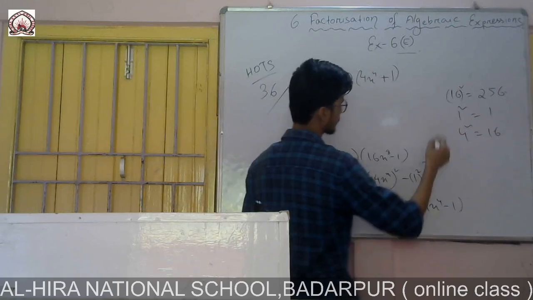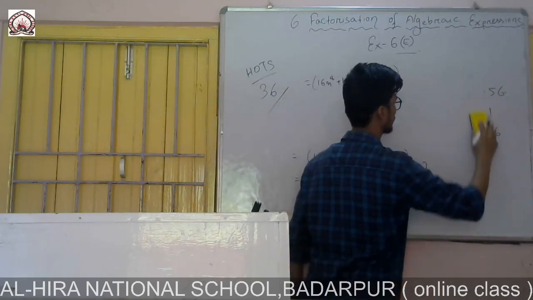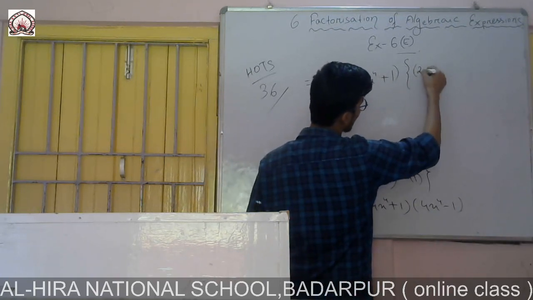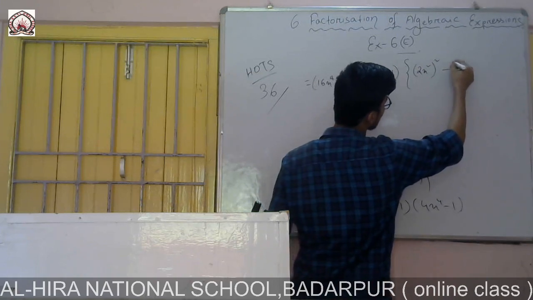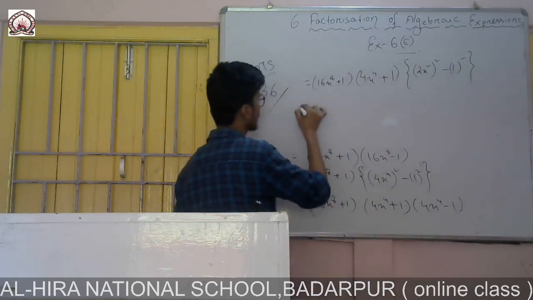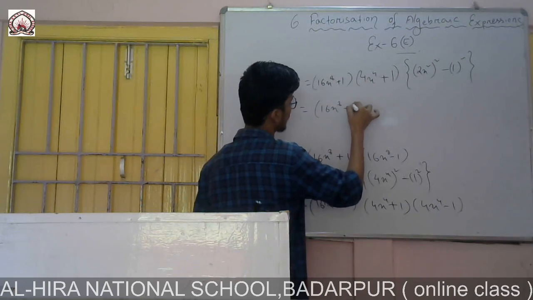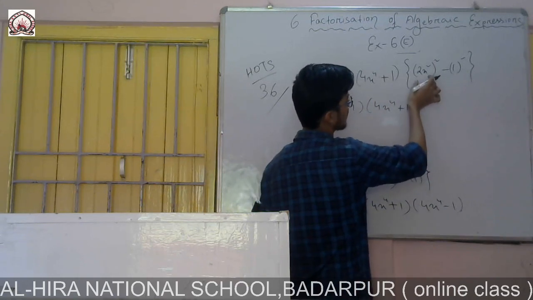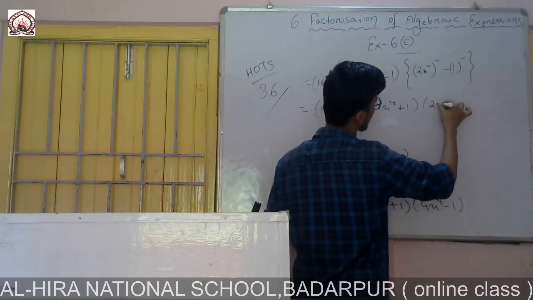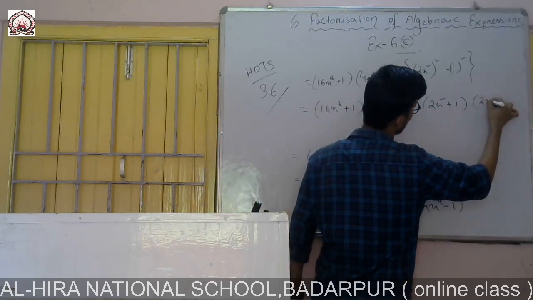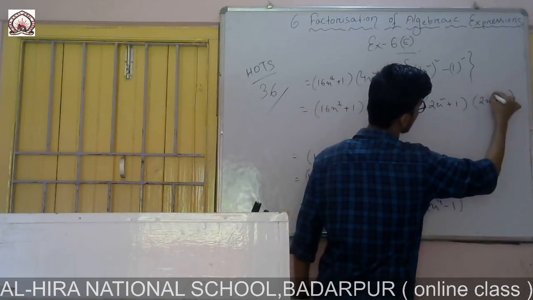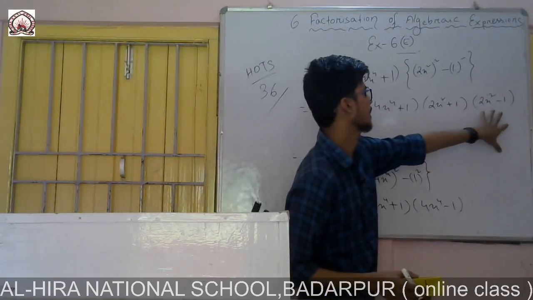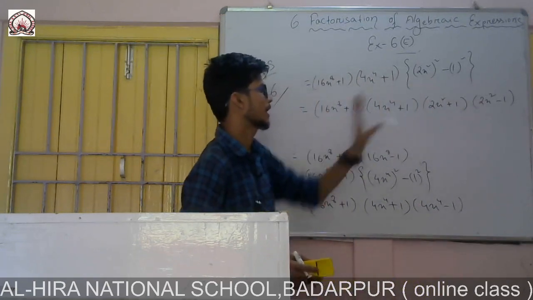Now bracket close, and this one again I will factorize. 4 I can write as 2x squared, whole thing squared, minus 1 squared like earlier. Again I will write 16 x to the power 8 plus 1, the same, 4x to the power 4 plus 1, and this one I can write as a squared minus b squared, a plus b and a minus b. So now look, I cannot factorize it further, so this is the answer.